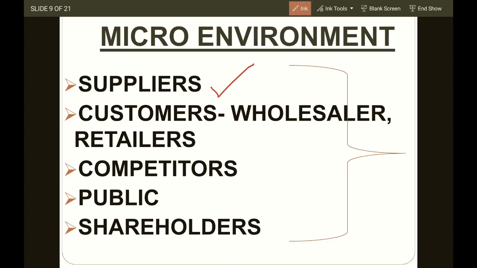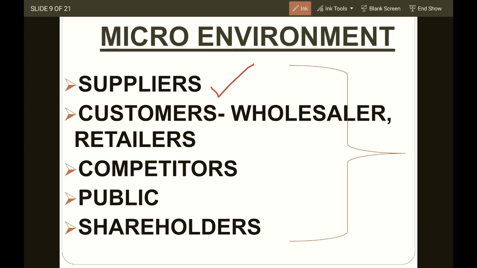Now, micro environment, let us focus on the micro environment, very important. First point is supplier. Suppliers play a very, very dominant role. Without suppliers, your business activities cannot take place. Why? Because they supply various inputs which are very important for the functioning of business activity, concerned with production and operational departments. Raw material, power, help in the smooth conduct of business activity.